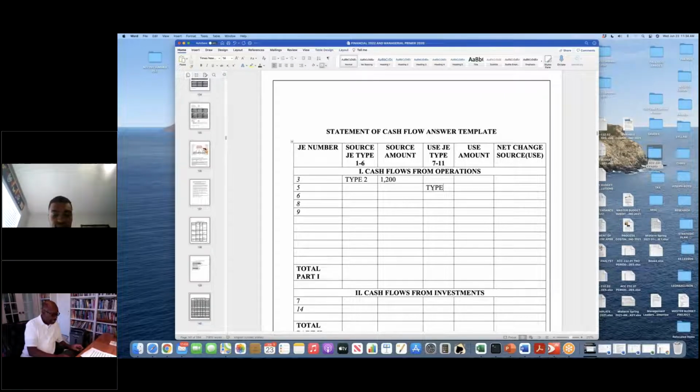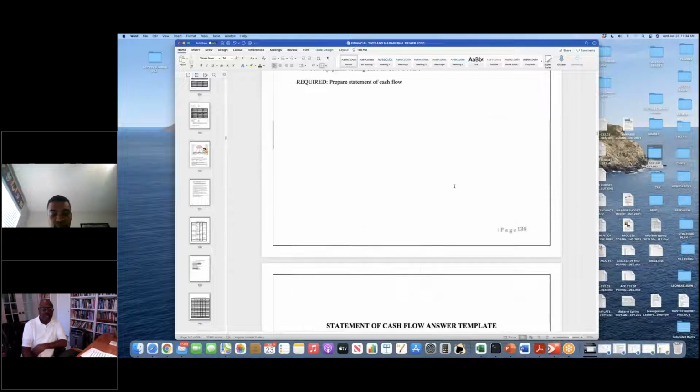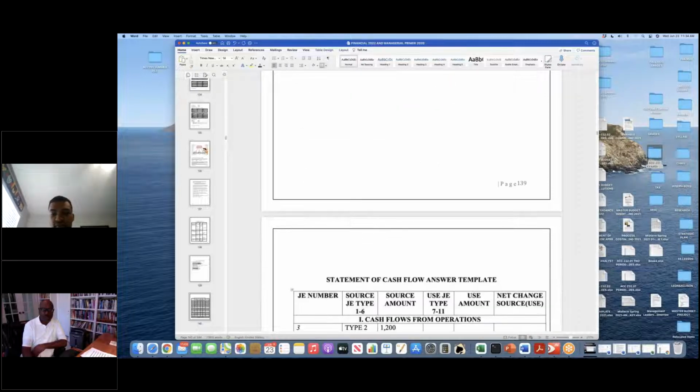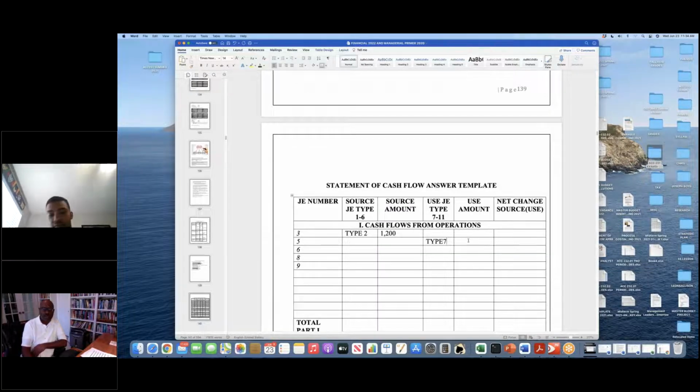And the supplies purchase was 100. So once again, if it's a 1 through 6, it's on the source side. 7 through 11 is on the use.